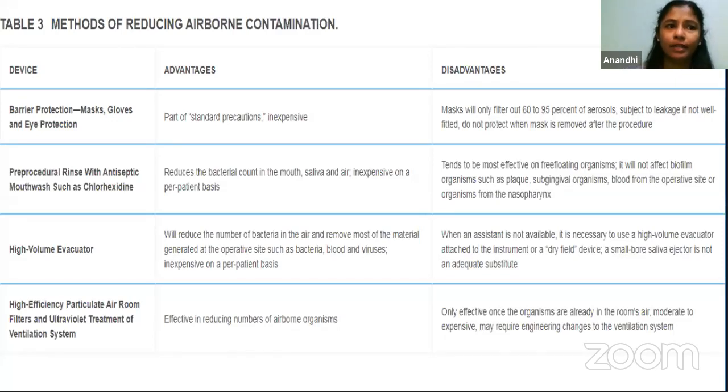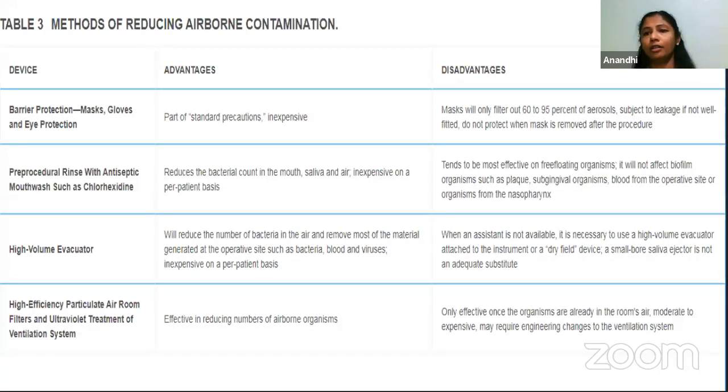Just to sum it up, we have barrier protection, mask, gloves, and eye protection that we talked about, the PPE. We use that. And the purpose of the mask, especially anywhere where you have aerosol, I wouldn't even enter the room without the mask on.